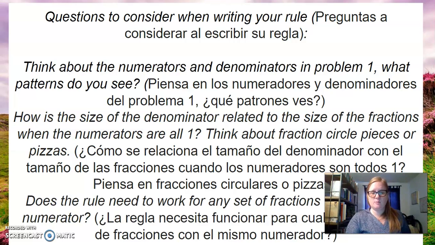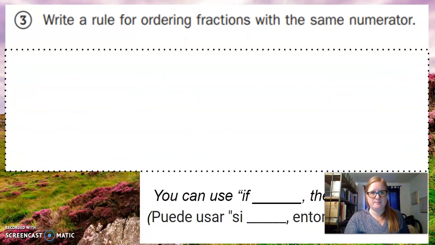Does the rule need to work for any set of fractions with the same numerator? Yes, the rule has to work for any set of fractions with the same numerator. That's the whole reason why we have both the numerators that are all 1 and the numerators that are all 2. Okay? Now, write a rule for ordering fractions with the same numerator.